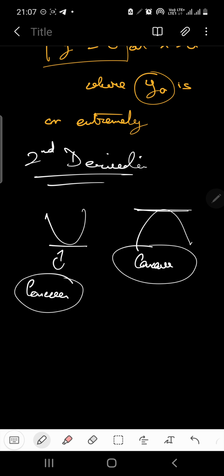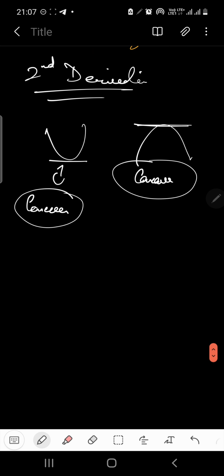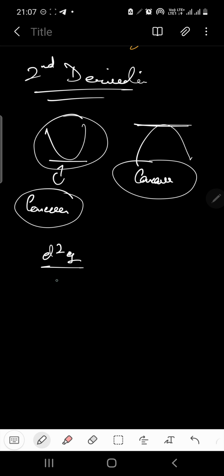Okay, am I understood? This is the thing. Basically, if you want to find the point where you have a maximum point or a minimum point, then you also need to find the behavior of the second derivative. In this case, your second derivative will be greater than 0.